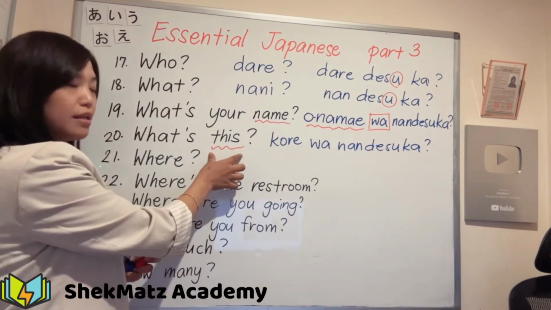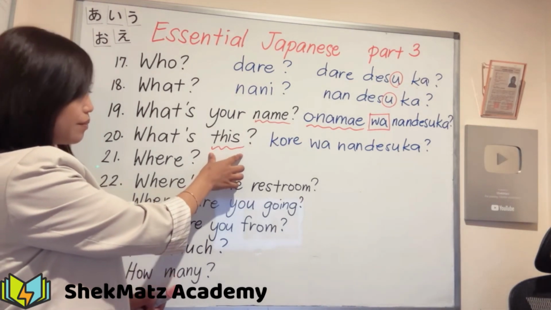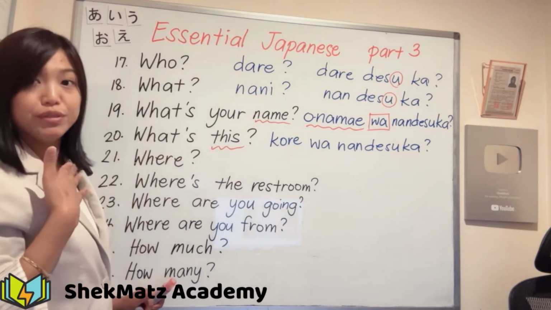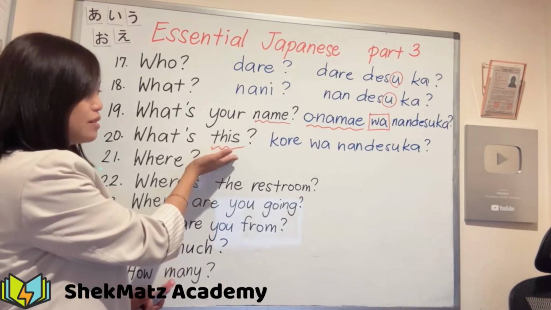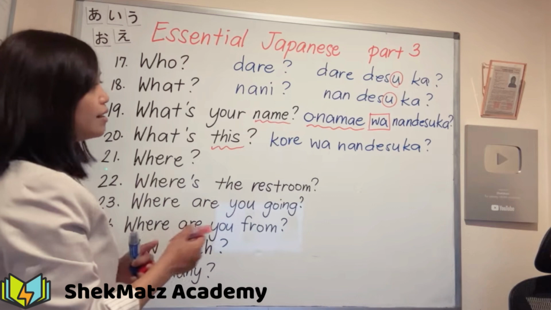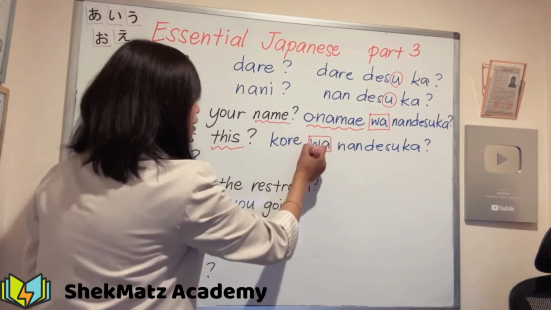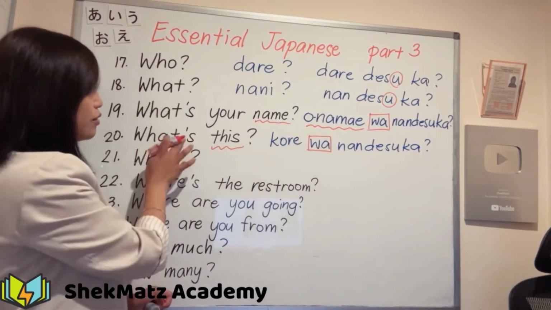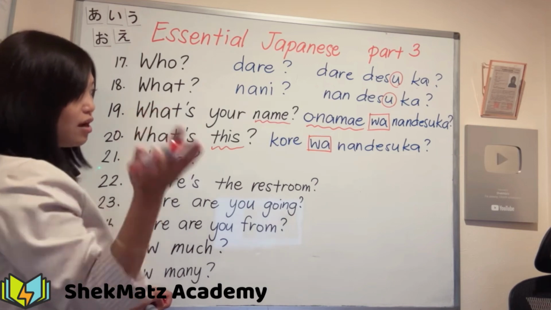Assuming that the item you are asking about is near you, the speaker, you use this, or in Japanese, これ, kore. And again, wa, this particle is equivalent to is, are, was, were.